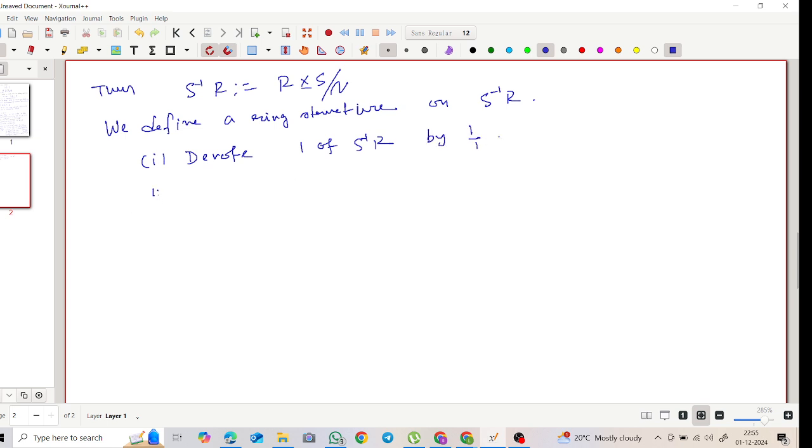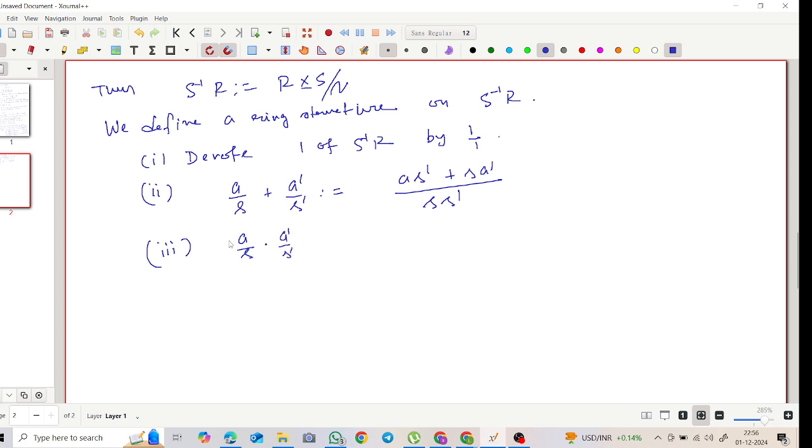Addition: a by s plus a' by s' is defined to be (a s' plus s a') by s s'. And a by s into a' by s' I am defining to be a a' by s s'.